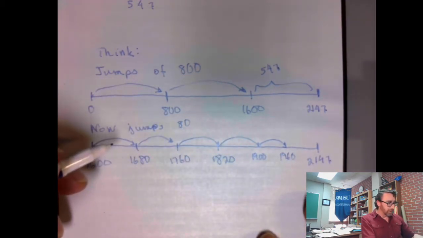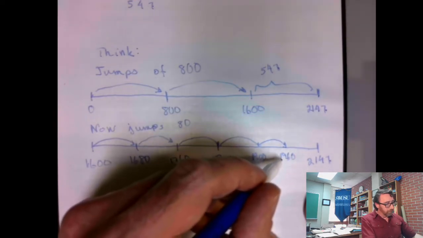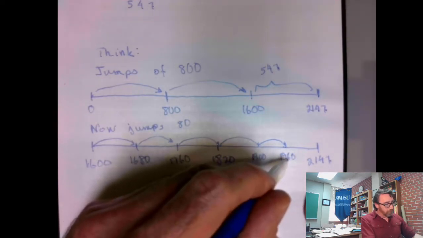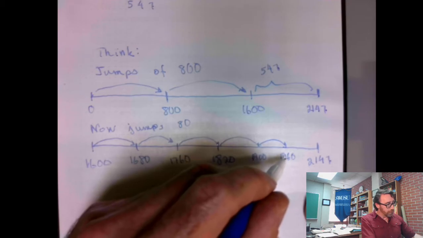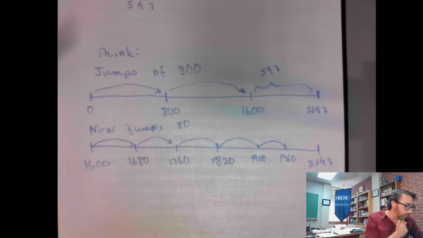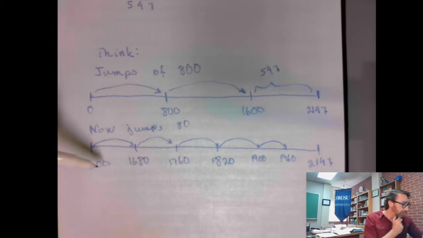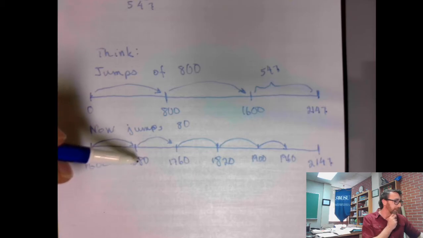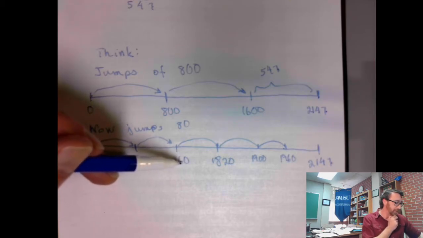Let me see, can I fit in another one? Let me see, if I do another one, that would be 2020, is that right? No, 2040. Let me make sure I'm counting right here. So 80, 160.